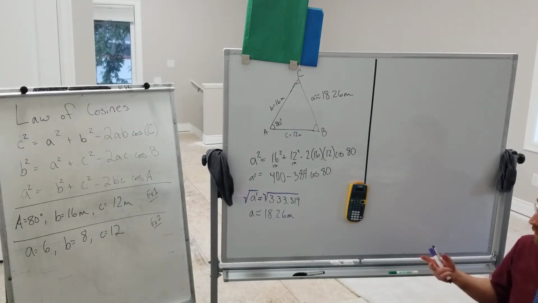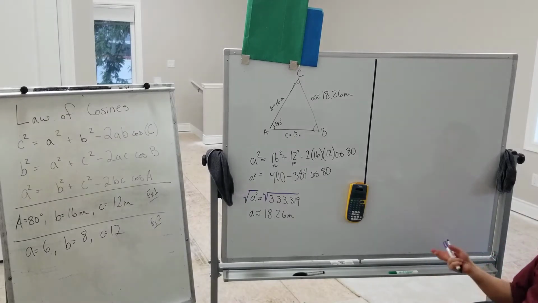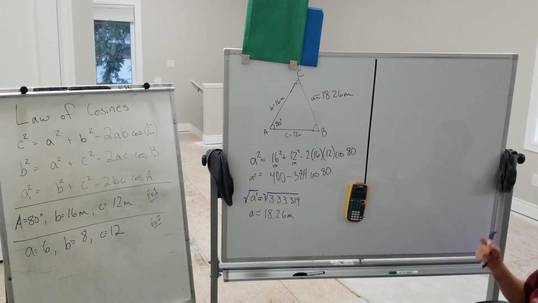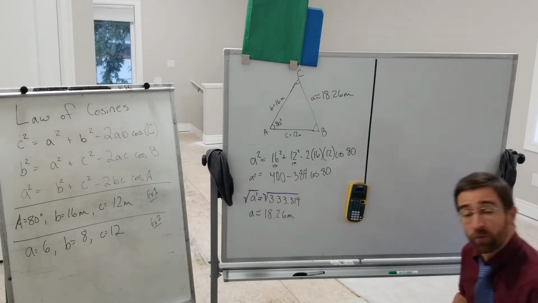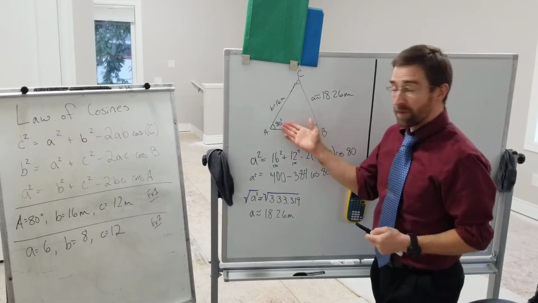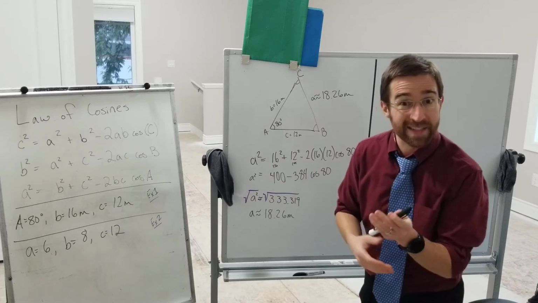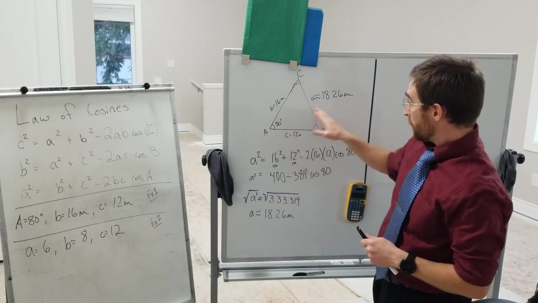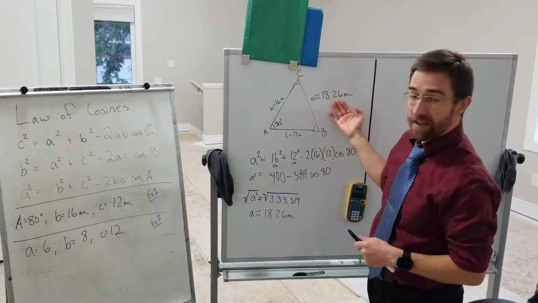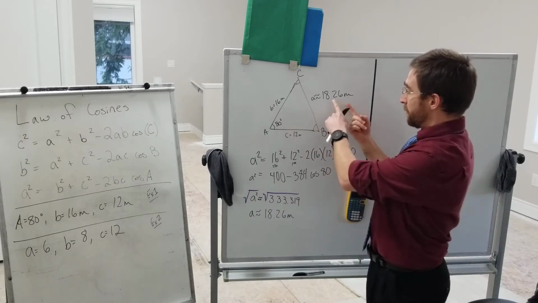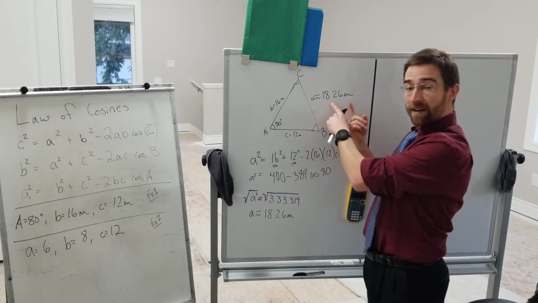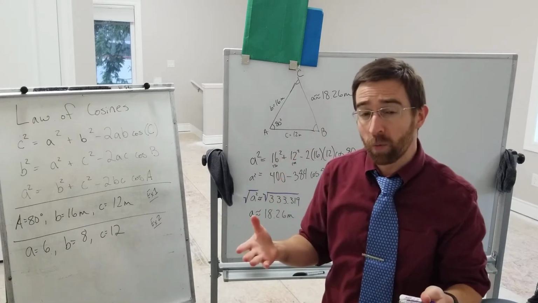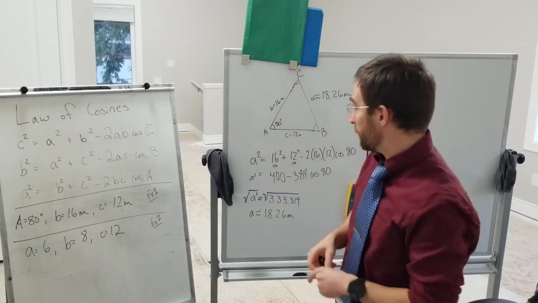The goal here is to solve the triangle, so that means I need to find the remaining angles. Luckily for this problem, we already found the biggest angle. The biggest angle is given to us, it's 80, and that's opposite our largest side. We know that's the biggest angle because side A is the biggest side, and the biggest side is always opposite the largest angle.